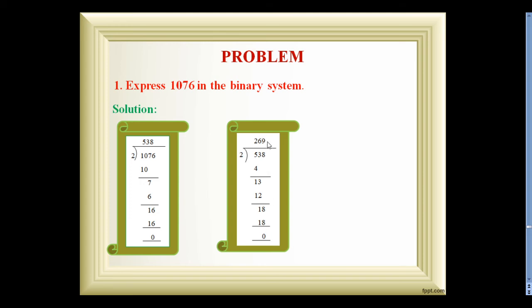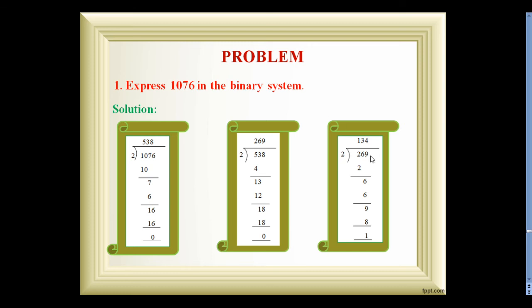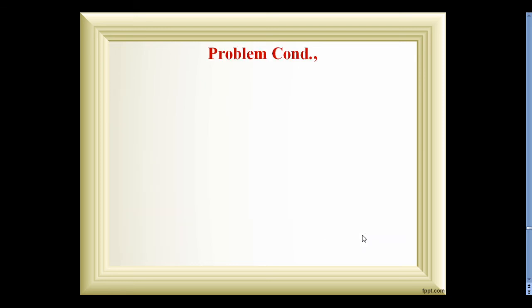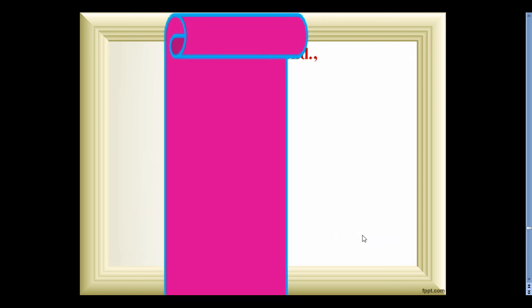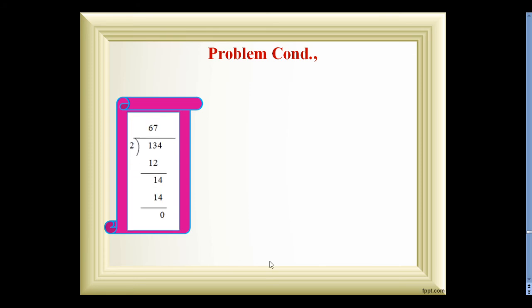But we need only the quotient. Then again you take this quotient and divide by 2. We get 269 divided by 2, we are getting 134. Remainder is 1. So 3 times we have done the division. So the problem is continued. Again you take the quotient and divide by 2.